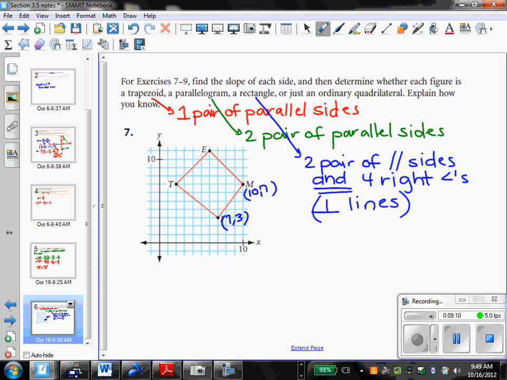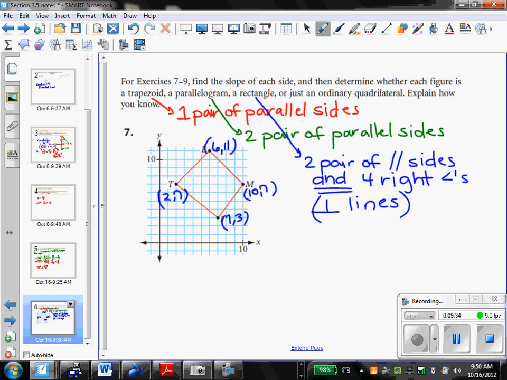T has a coordinate point of 2, 7. And then E has a coordinate point of 6, 11. So I have my coordinate points.